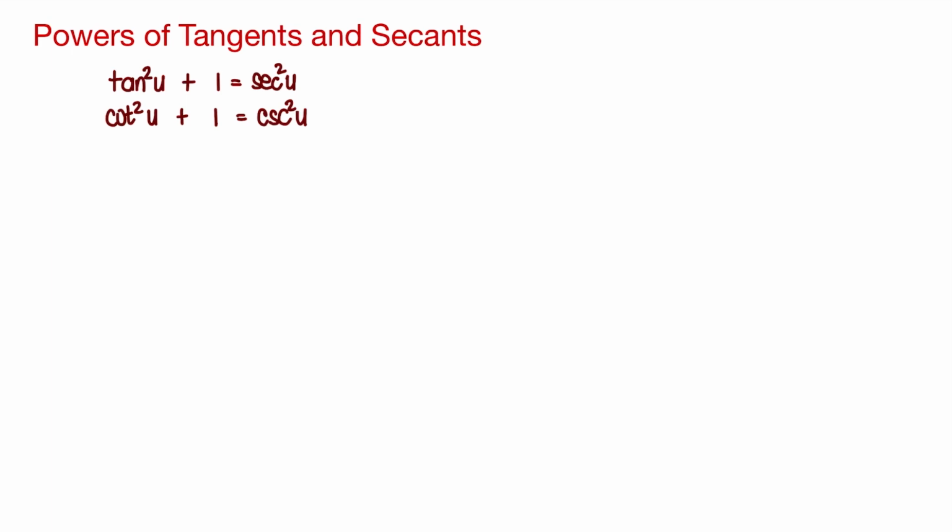If you have trouble memorizing these two identities, you can just try to recall the Pythagorean identity for sine and cosine. That's sine squared u plus cosine squared u equals 1, because these two are just derived from this identity.